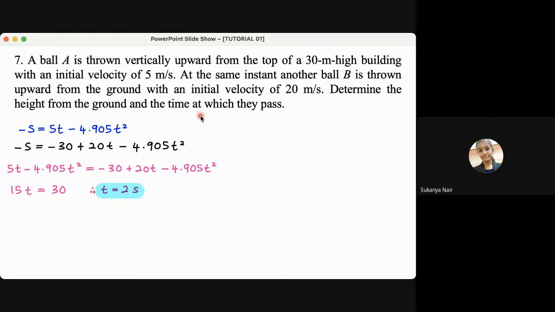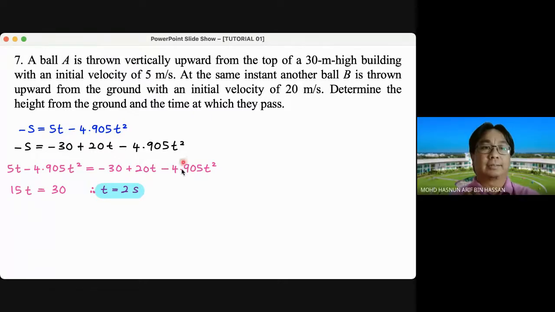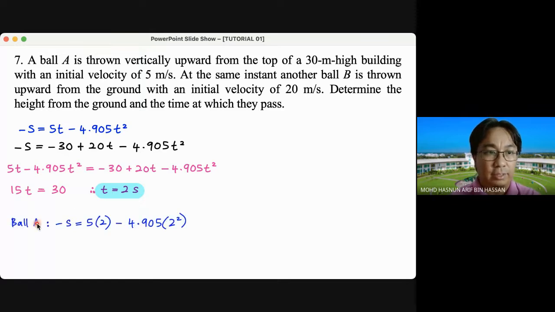Substitute the time in either one equation. Yes, correct. So you substitute the time in this equation lah, in any of these equations. So I have chosen the equation from ball A. So kita dah tahu T here is 2 seconds. So I will substitute the 2 seconds in this.